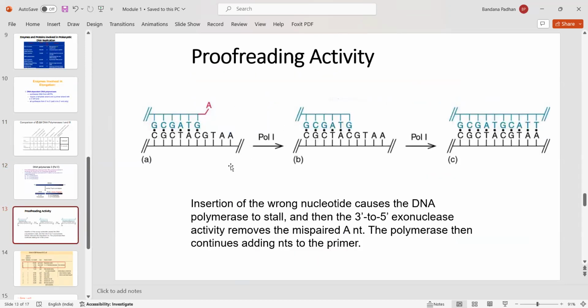What does proofreading mean? Proofreading means that if during DNA replication any wrong nucleotide is added, then due to this 3' to 5' activity, that mismatched nucleotide will be removed, and the synthesis will be continued by the DNA polymerase.